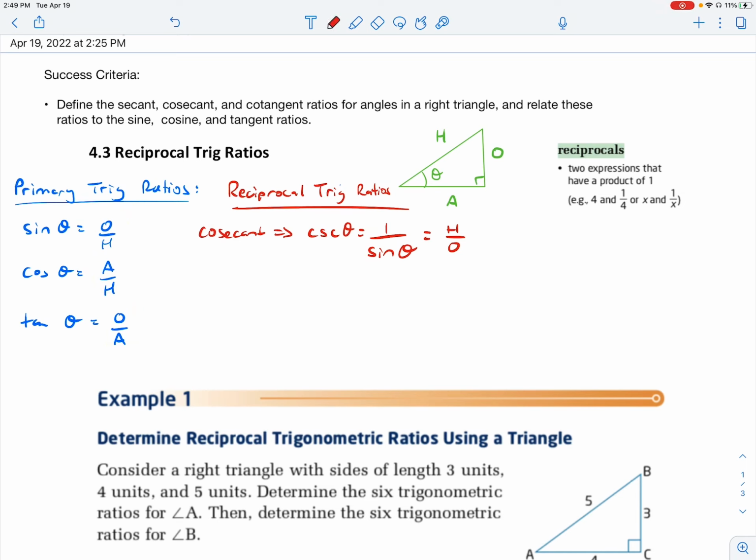So the next one is called secant, and that's the reciprocal of cos. So secant is given the symbol SEC, and it's going to be the reciprocal of cos theta. So we just need to flip this fraction here. It's going to be H over A. And then cotan, it's actually called cotangent, and the symbol for that is COT.